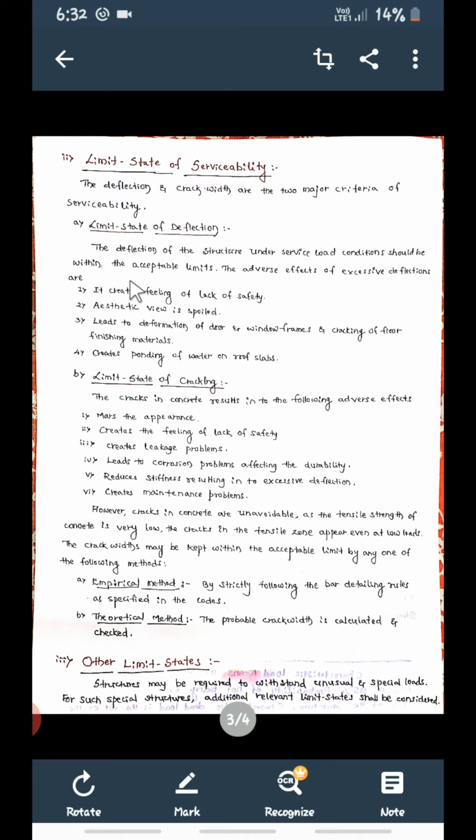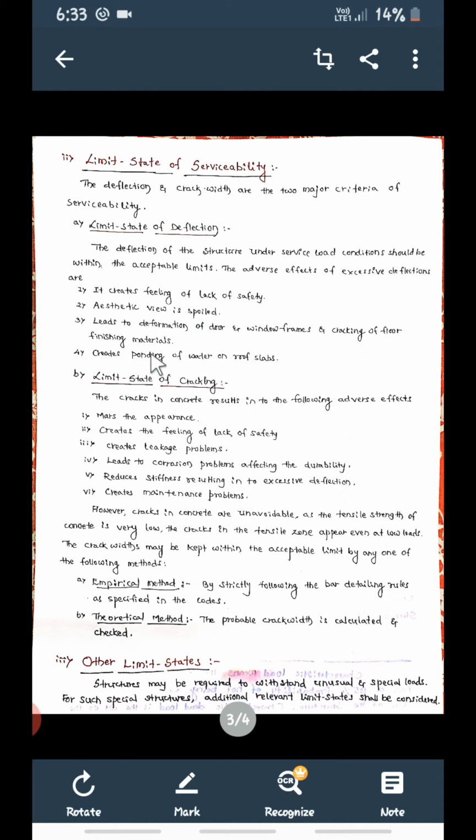Then second, the aesthetic view is spoiled. When you see the bending of a beam, we say that the look is not good. So one is lack of safety, and second, the aesthetic view of that element is spoiled.